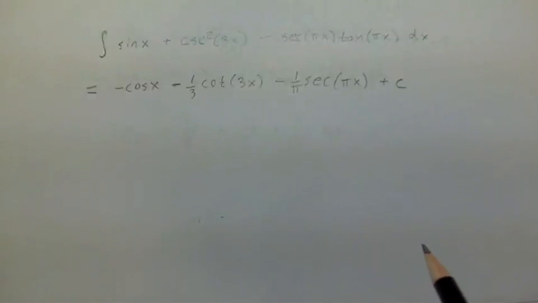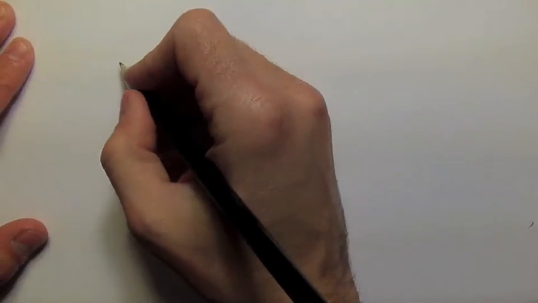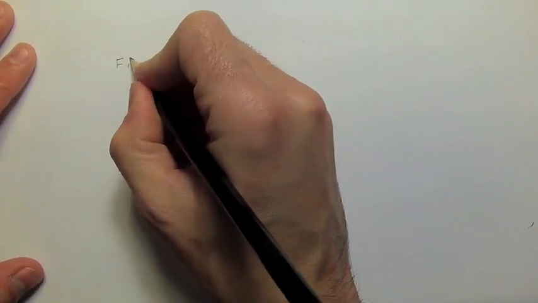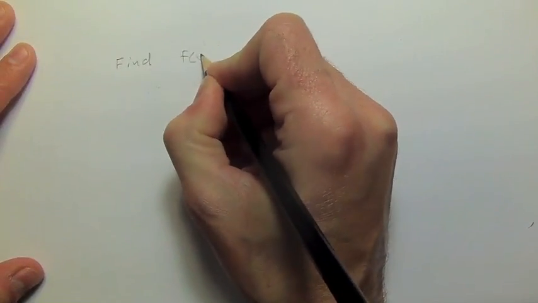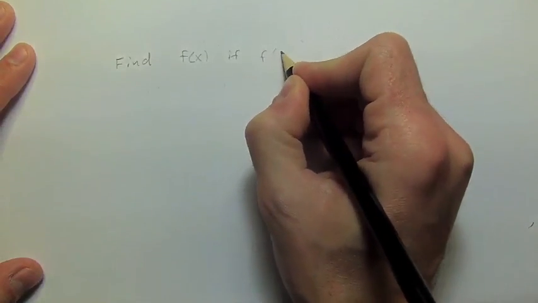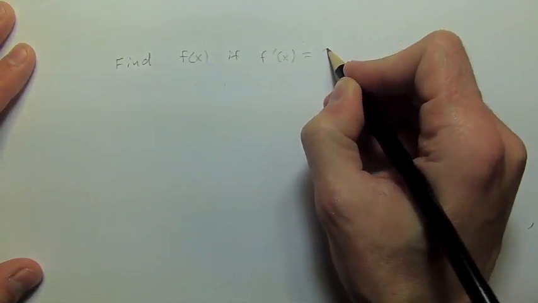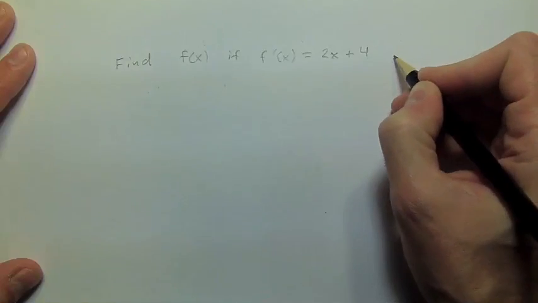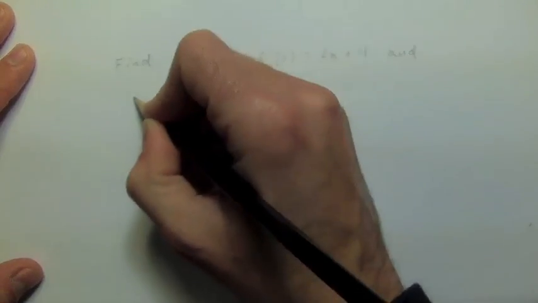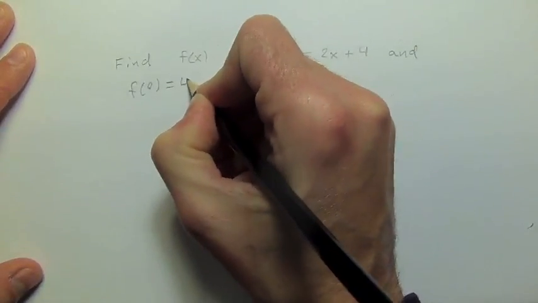But yeah, so that's essentially all I want to talk about in this section, other than the fact that sometimes you will be given a problem that will say find f of x if f prime of x is equal to 2x plus 4 and f of 0 is 40.